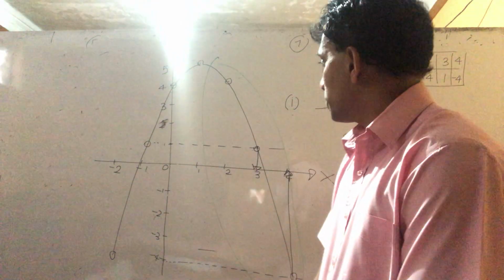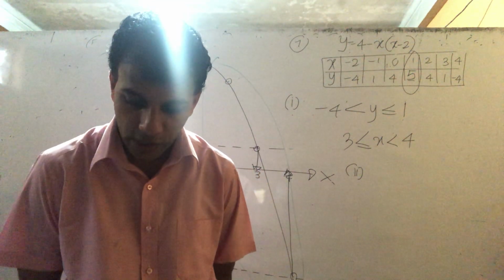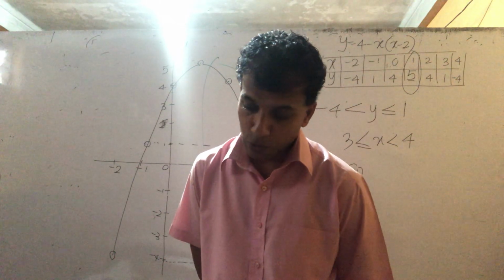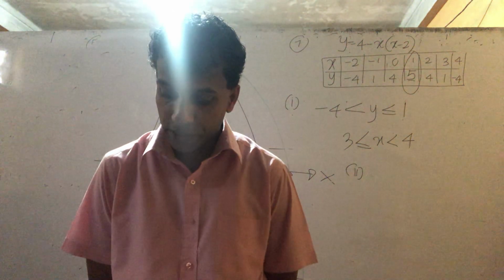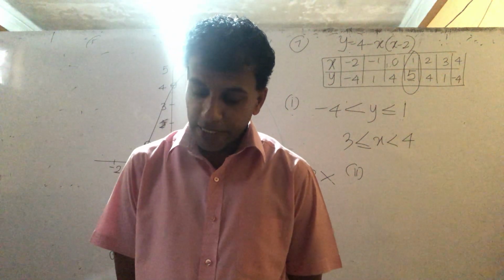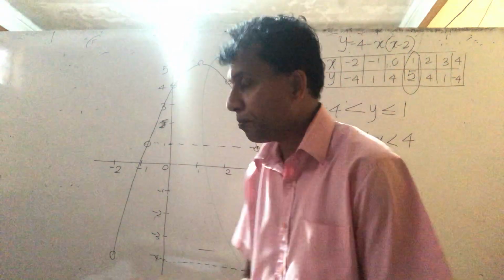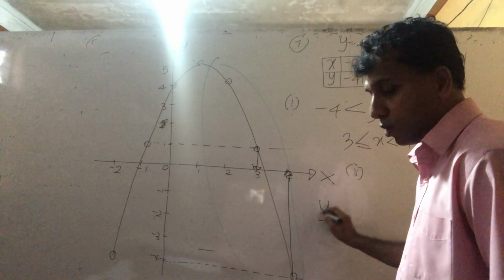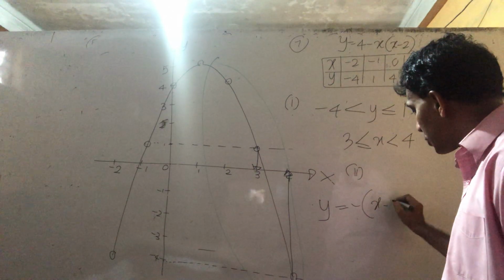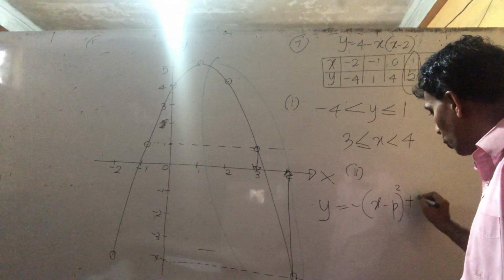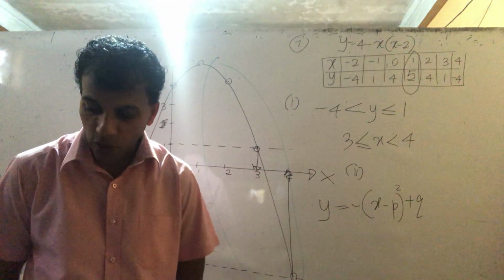Right, next part, the second part. Suppose that the given function is written in the form y equals minus (x minus p) all squared plus q.